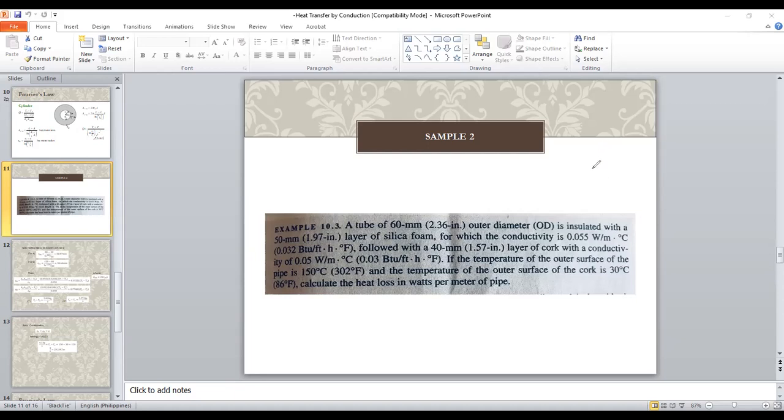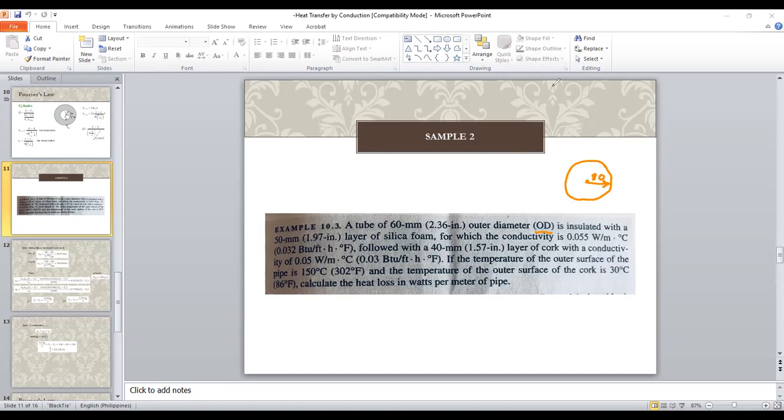Let's say this is your tube, and this is the center of our tube. Now, the outer diameter of your tube, that is stated here, is 60. So from the center, in terms of radius, that's 30.